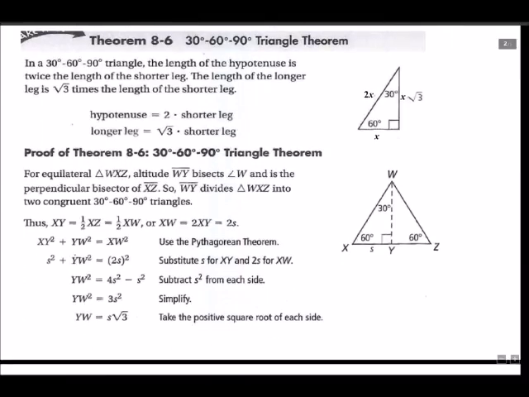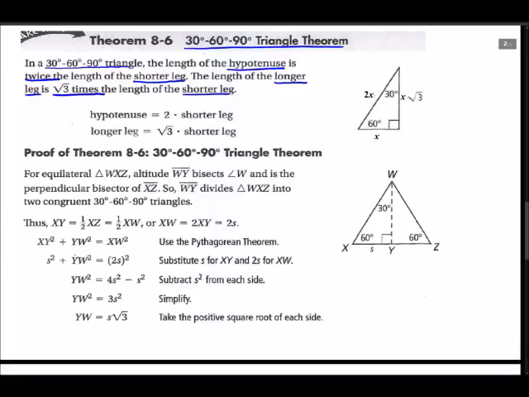Let's take a look at our next theorem here. Now, we won't be spending so much time on this one because it's exactly the same thing, only different. This is the 30, 60, 90 triangle theorem. In a 30, 60, 90 triangle, the length of the hypotenuse is twice the length of the shorter leg, and the length of the longer leg is square root 3 times the length of the shorter leg.